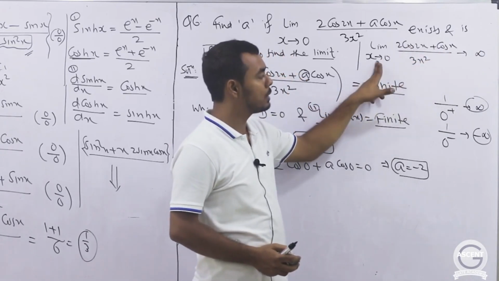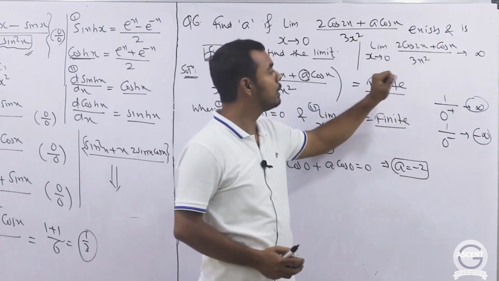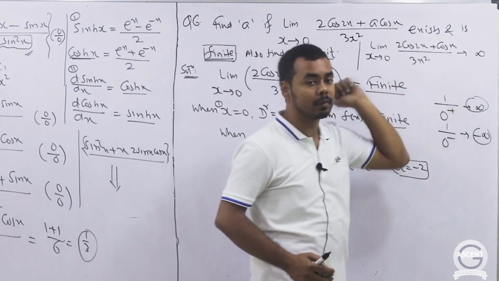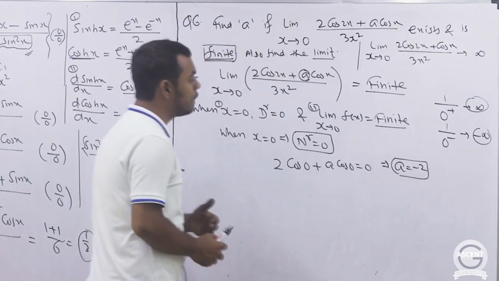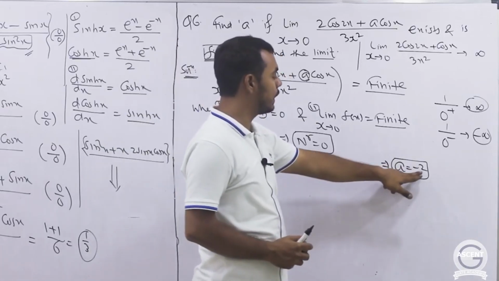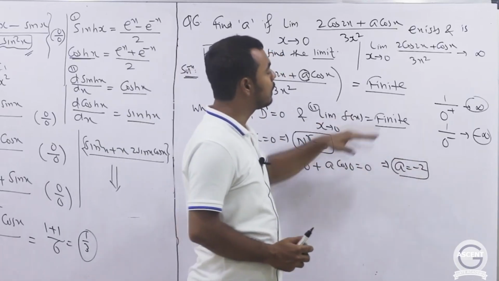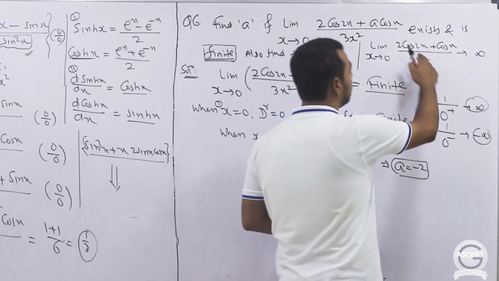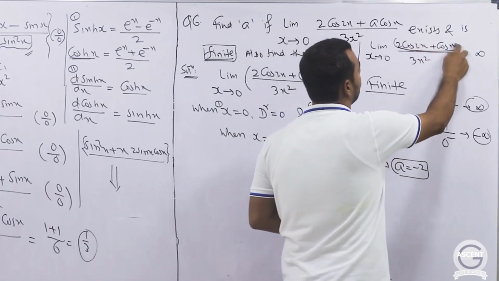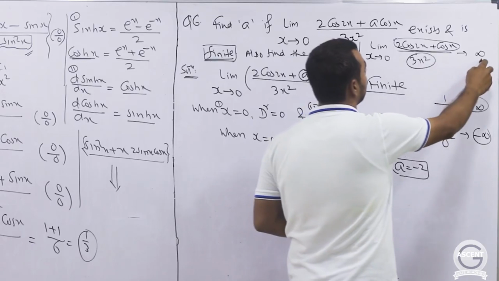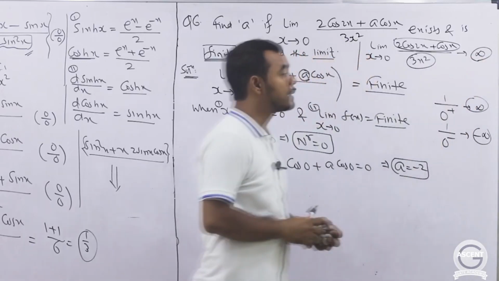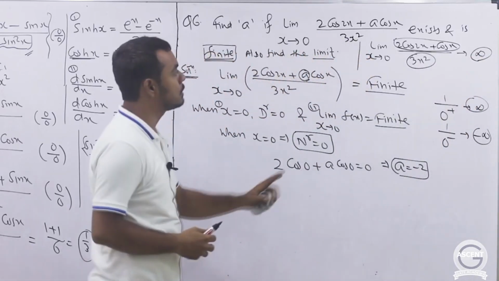Whether it is 0 plus or 0 minus, 0 square will be 0 plus, so this will give us plus infinity. And that will be true for any other value of a except minus 2. If you have any other value of a, then the numerator will be non-zero, and non-zero divided by 0 will give us infinity. So this limit will be finite only when a is minus 2.